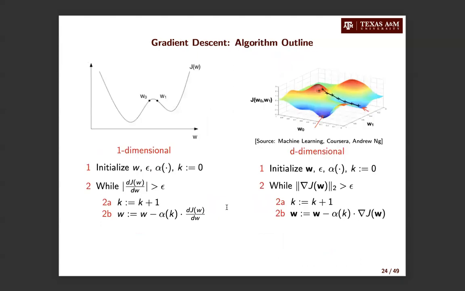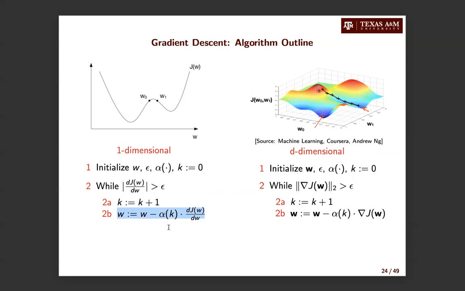Now, this can be formalized in this one-dimensional case that we just saw as follows. Let's say that we have again an optimization problem, a cost function J of W, and we would like to minimize it with respect to W. We can initialize W randomly, and then while the first order derivative of J with respect to W is greater than 0, or greater than a very small number epsilon, we can keep looking for W on the opposite side of the derivative.